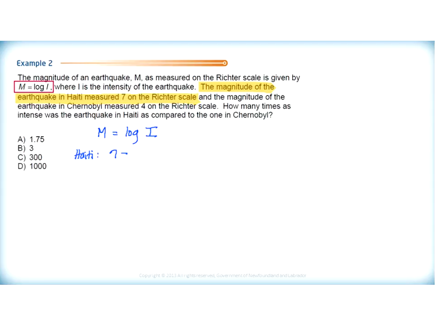So we have 7 is equal to the log of I1. Let's let I1 represent the intensity of the earthquake in Haiti. So converting that to exponential form, we have 10 raised to the power of 7 is equal to the intensity of the earthquake in Haiti.